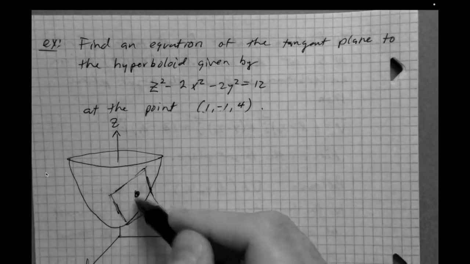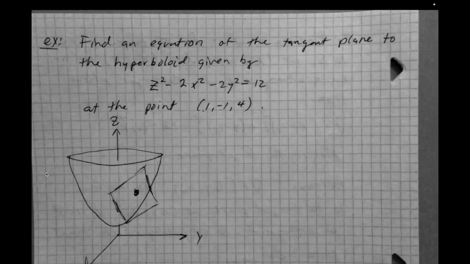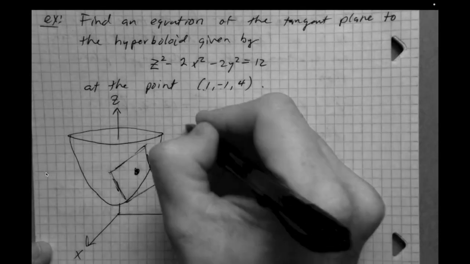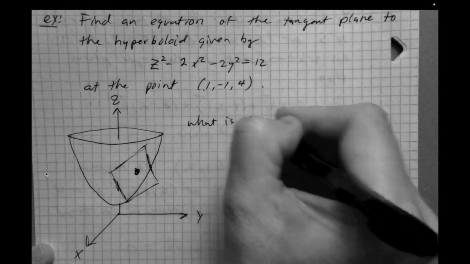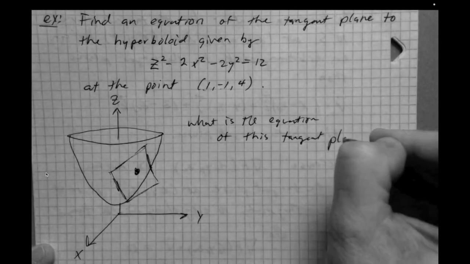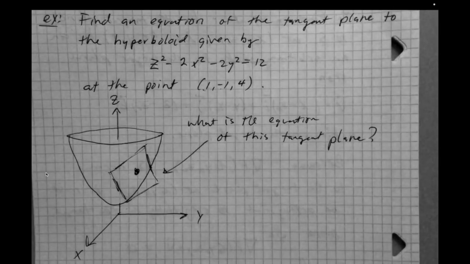Which means this plane touches the surface at just this one point. It doesn't precisely mean that, but you can use that as an intuitive way to think about it. And what we want to know is what's the equation of this tangent plane?